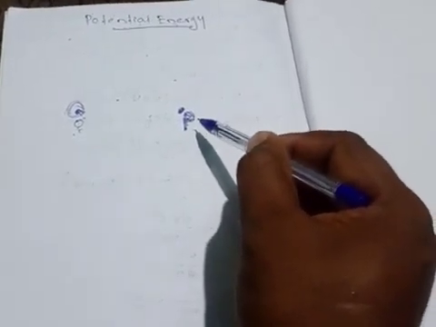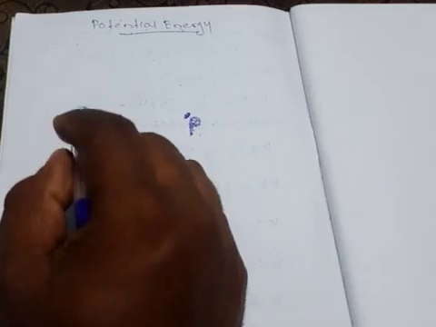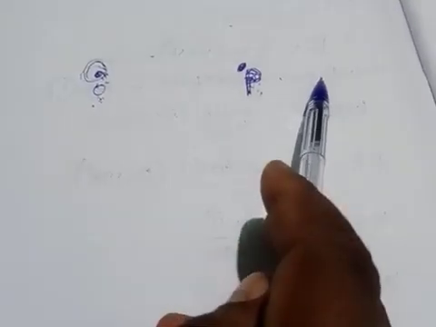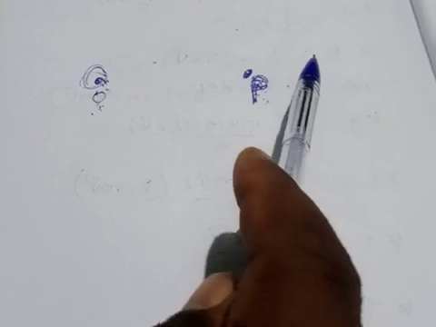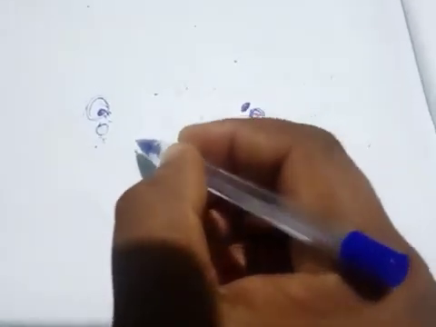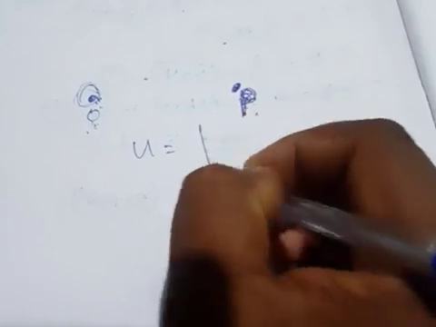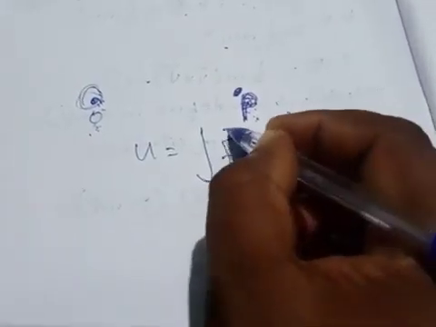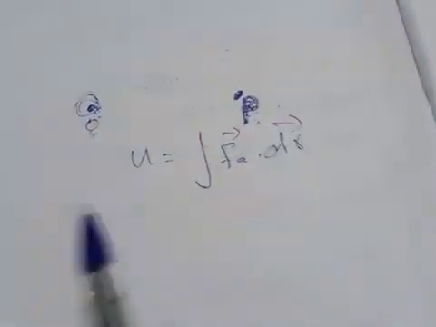That is what we can call potential energy. And if we are calculating the potential energy, we can say that the potential energy at the initial point will be 0. So we can write the derivation: U is equal to the integral of Fa dot dr. And what is this Fa?